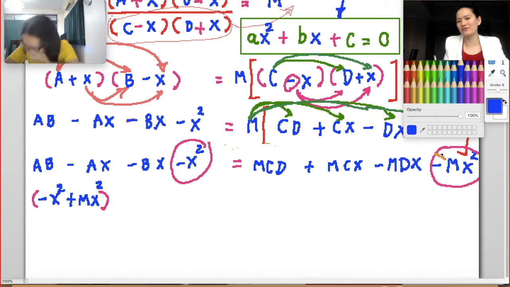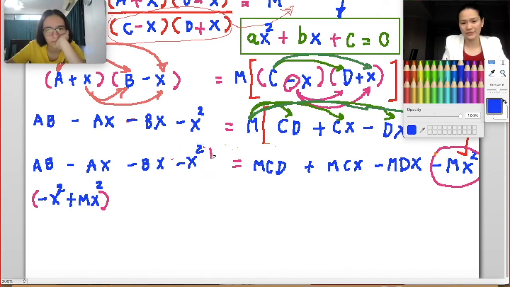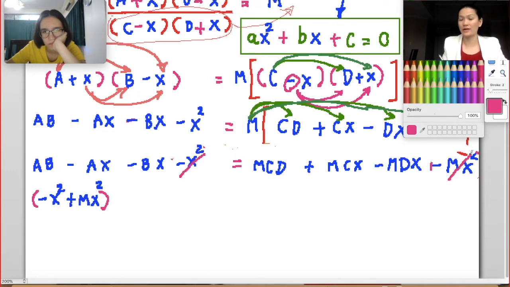I don't want you to get confused about it. But you understand the concept, yeah? I move this one here. So I'm going to use this color. That means I used it already. I try to do step by step. Move this one. Now I do the next step, move carefully.